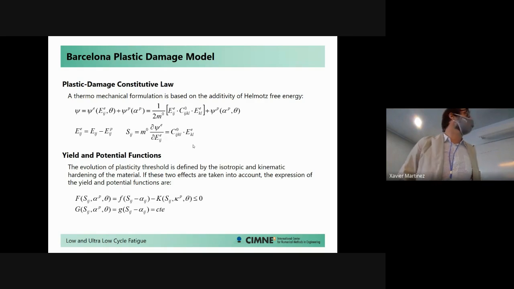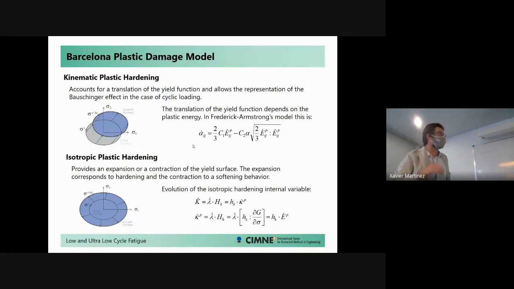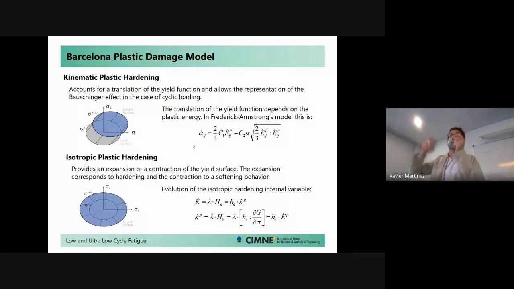These hardenings are explained here with two different images. The kinematic plastic hardening moves the yield surface, and it's responsible for what is called the Bauschinger effect. That effect allows us to have hysteresis loops that stay within themselves.